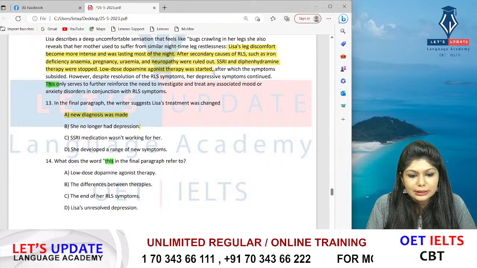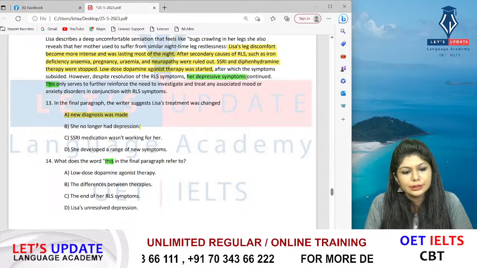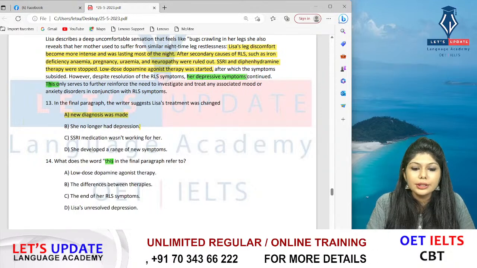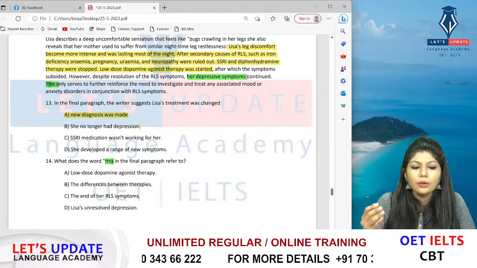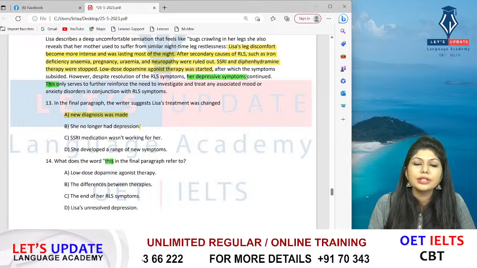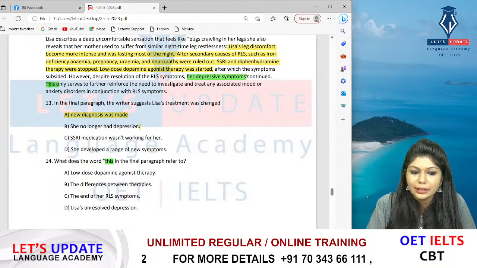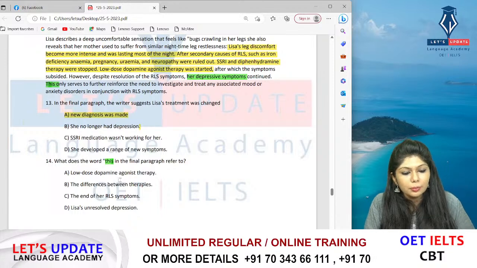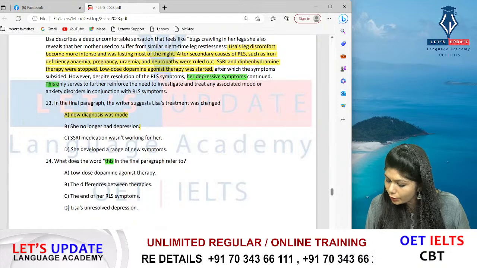So this means depressive symptoms. Even though the RLS symptoms subsided or got resolved, depressive symptoms continued, and that only serves to further reinforce the need to investigate and treat the associated mood or anxiety disorders. That is what they intend to say. So what should be the correct answer?